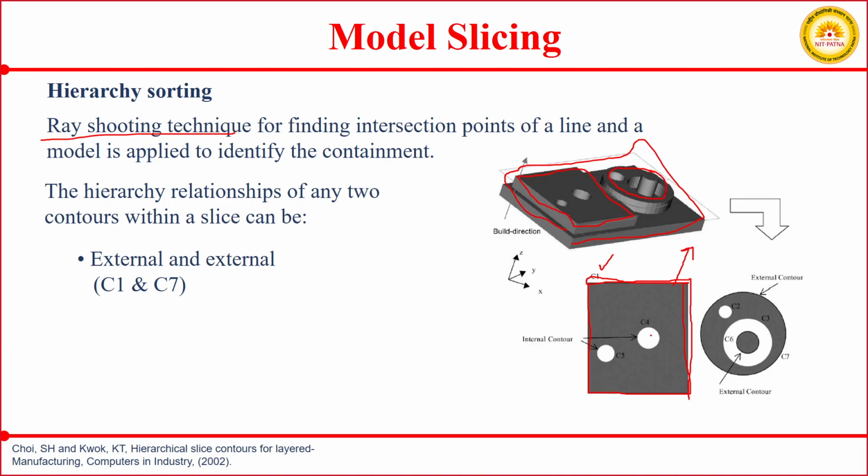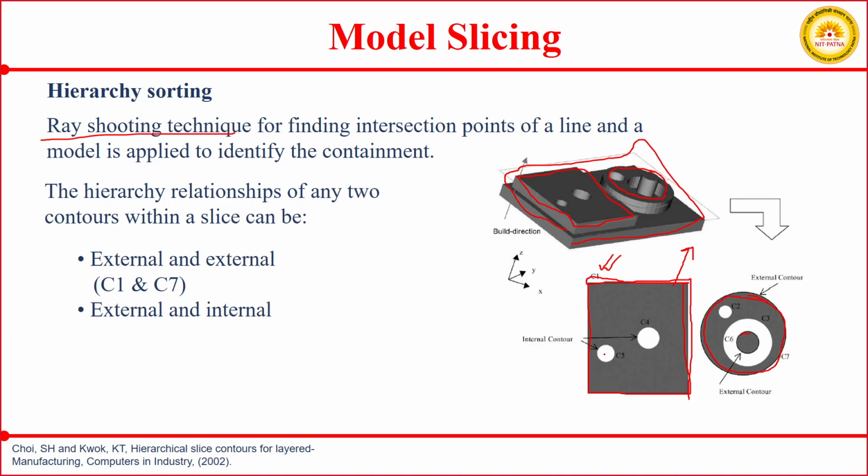If there is no material inside a contour, then it is called an internal contour. So C1 is your external contour, and C7 is also an external contour.